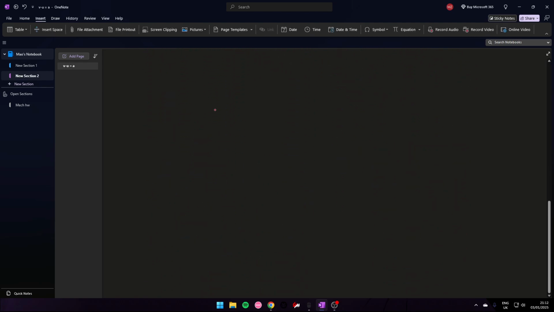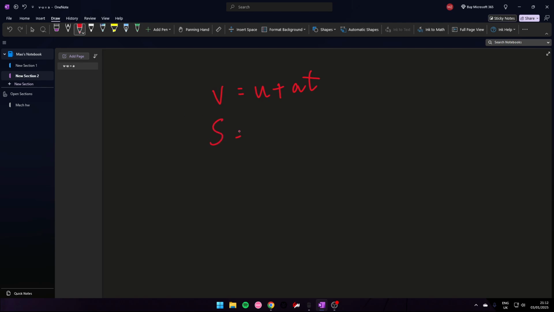Now we're going to write them down for reference. v is equal to u plus at, s is equal to v plus u over 2 t. Now to find the third equation, we are going to be removing the t from v is equal to u plus at by rearranging the second formula for t.